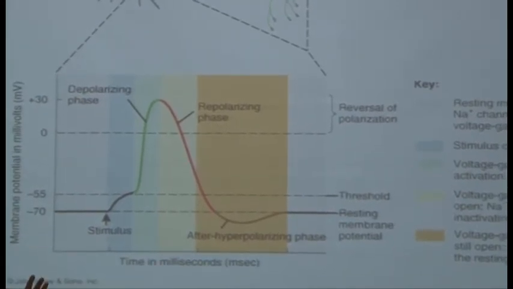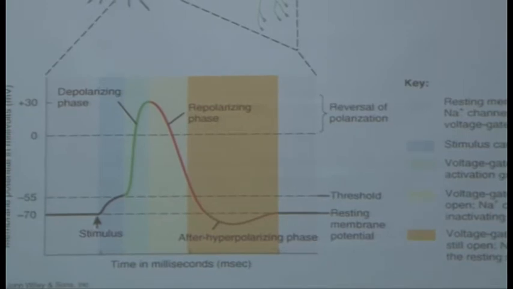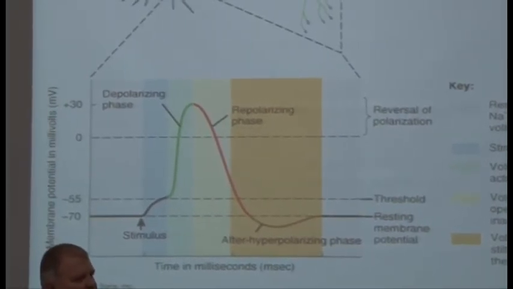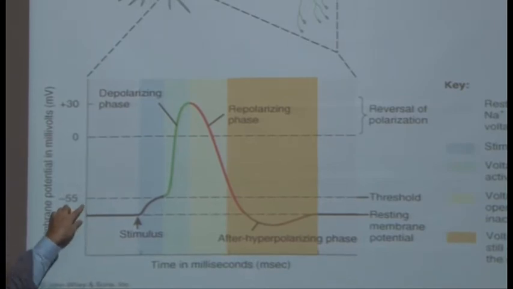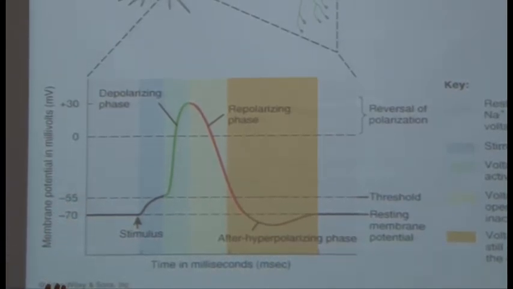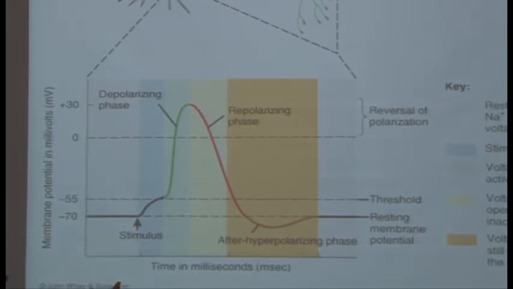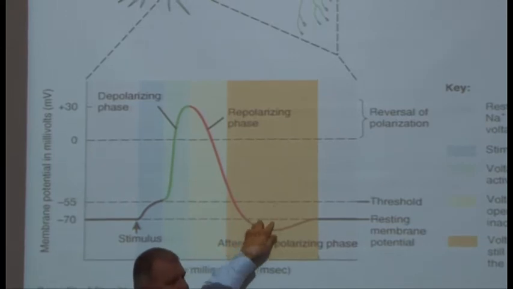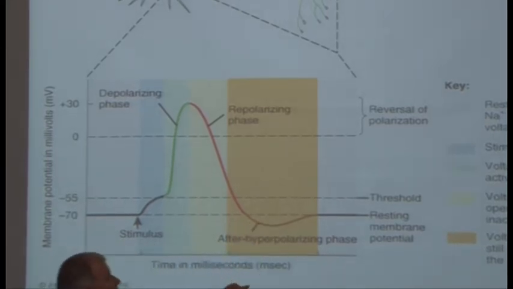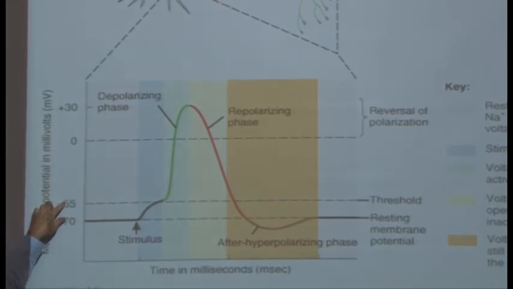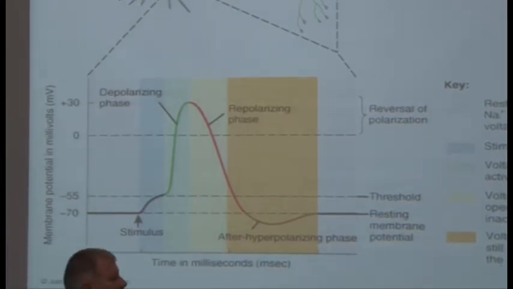Now, the only value to that for right now is understanding threshold. We have to move the membrane to minus 55 to open our sodium channels. But if the membrane's at minus 80, now the threshold is a different number, right? Because over here, you have to move the membrane plus 15 millivolts.